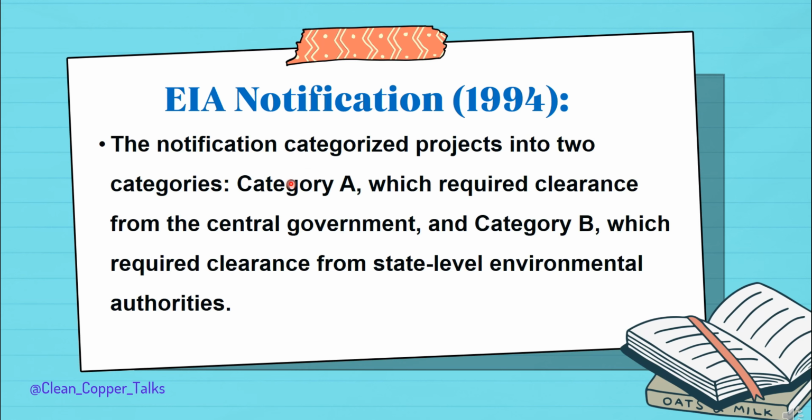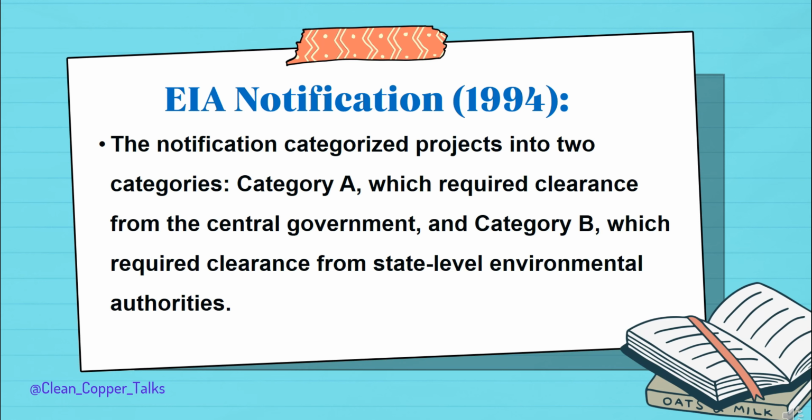The EIA notification 1994 said there were two categories of industries, category A and category B. Category A were the industries which required clearance from the central government. Category B was those industries which required clearance from state level environmental authorities. Category A and category B differentiated in terms of their production capacity and their pollution producing capacity.